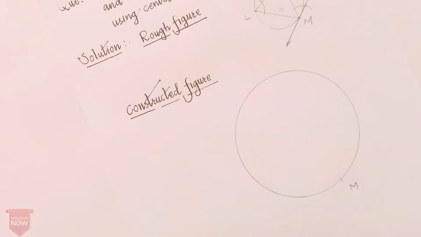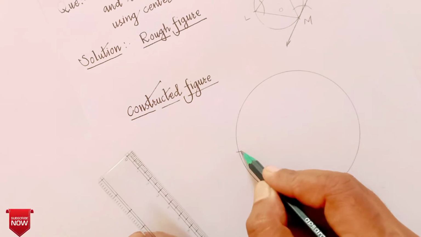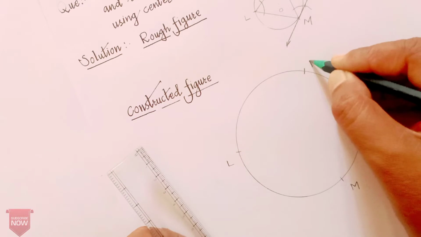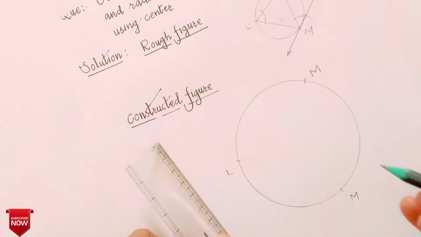Now 2 points you have to take on the circle with the exception of this point. You take any 2 points. We are giving the name L and the M. You join it.